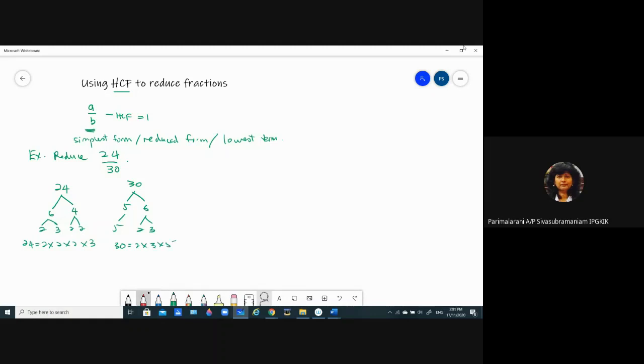Now, what are the same factors here? We have 2 here and 2 here, 3 here and 3 here. Therefore, our HCF is 2 times 3, which is 6. So now we want to reduce 24 over 30. 24 divided by 6, divided by the HCF, gives 4. 30 divided by 6 gives 5.